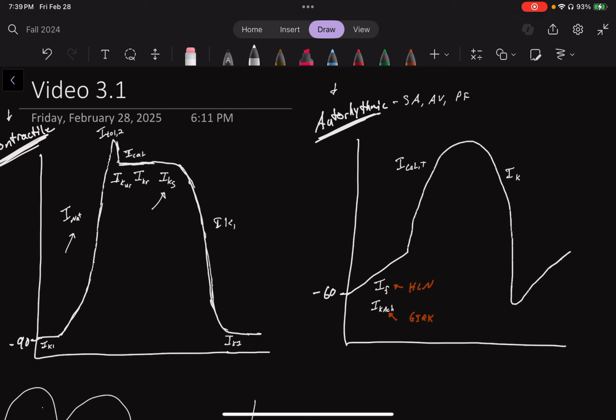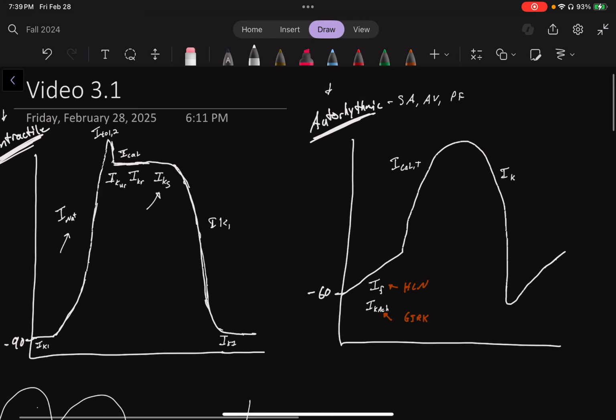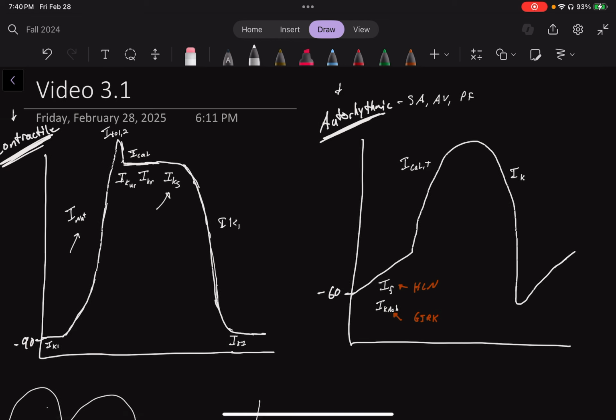Autorhythmic cells are really special. They don't have IK1 channels, but what they do have is funny channels. So we represent that with an IF, a current of funniness. Another name for them is HCN channels, and that stands for hyperpolarization-activated cyclic nucleotide-gated, which means that there are two things that can activate HCN channels: hyperpolarization, like right there, and cyclic nucleotides like cAMP.